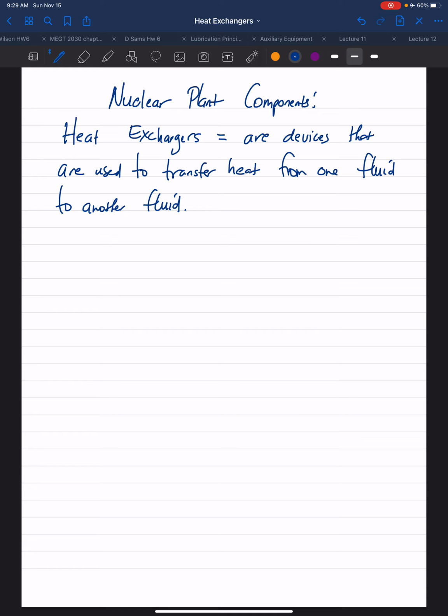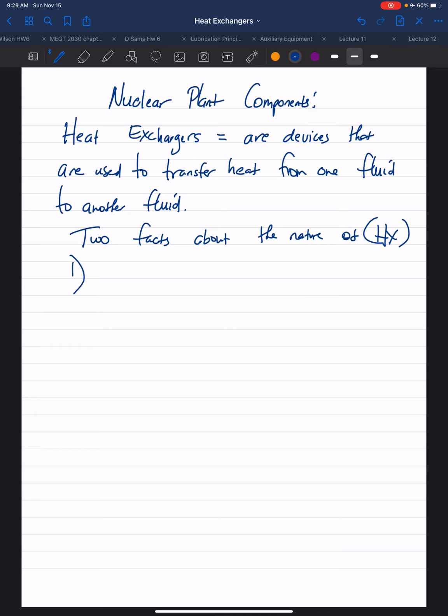So two requirements or two facts about the nature of heat exchangers. I'll abbreviate HX from now on for heat exchangers.